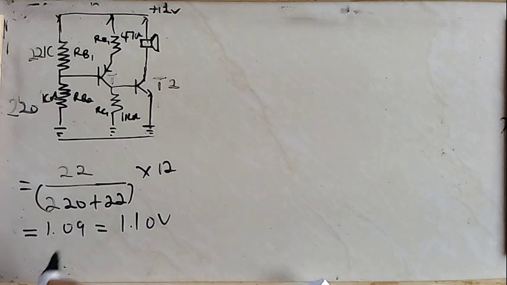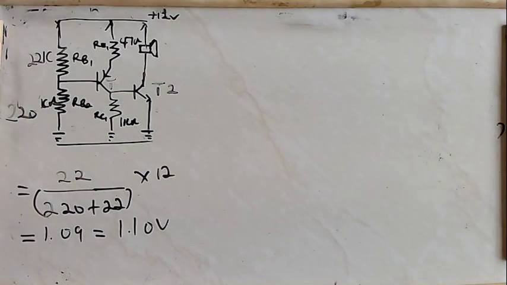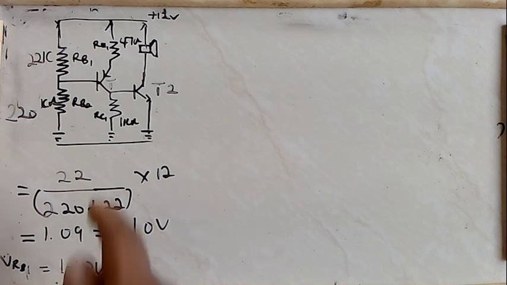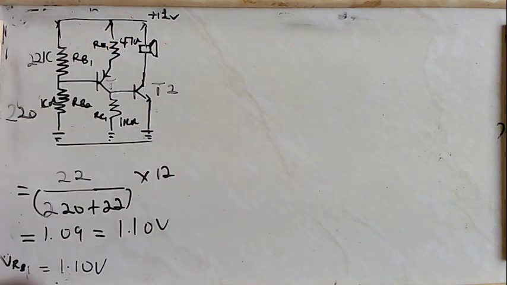So that will be the voltage on RB1. So voltage on resistor on base 1 is 1.10 volts. So what will be the voltage on RE1?